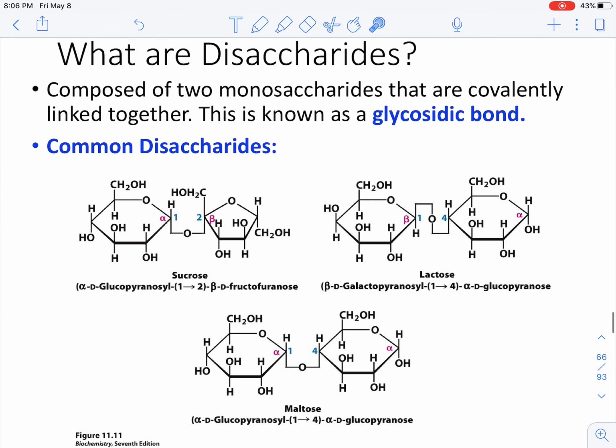Once those sugar monomers are separated, they can go into whatever chemical pathway is prescribed for them, to either function in specific cell structures or be used to harvest energy.